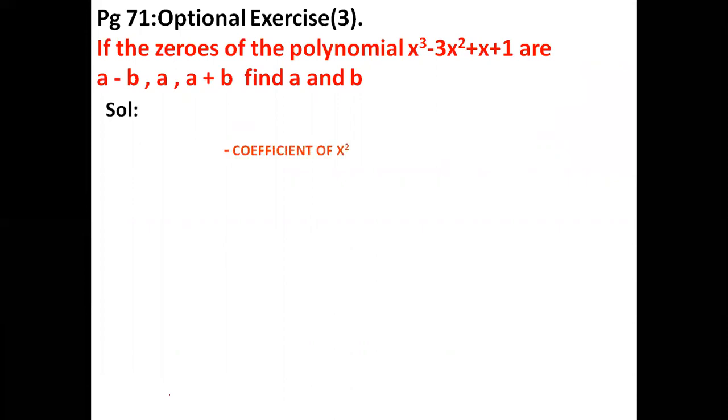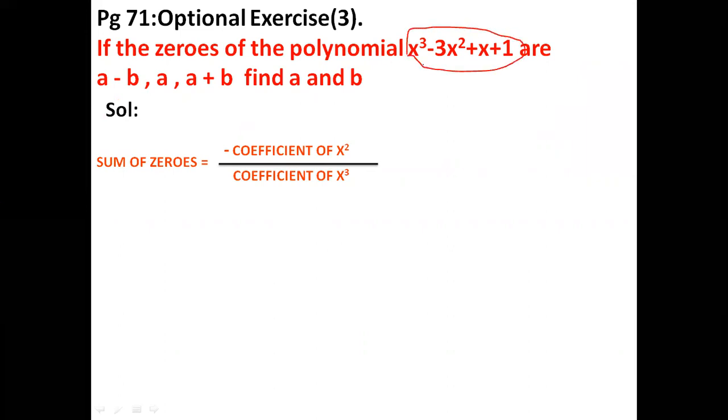Sum of zeros is equal to minus coefficient of x square by coefficient of x cube. Here what are the zeros? This is the cubic polynomial, and the zeros of this cubic polynomial are given as a minus b, a and a plus b.